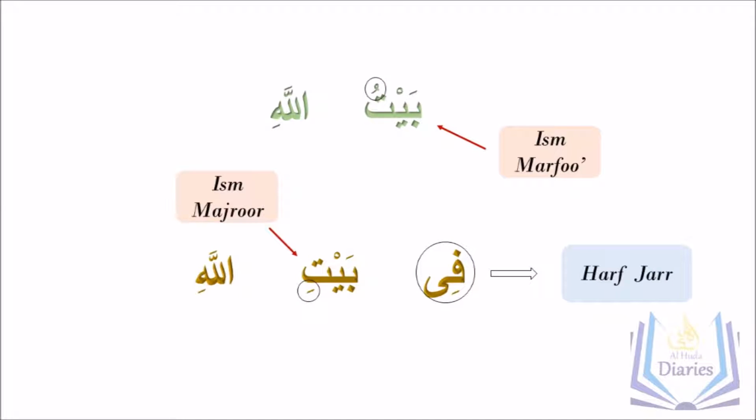For an example, previously we saw this phrase fi baitillahi. So initially it was baitullahi, and because of the presence of the harf jar before it, fi, baitu had transformed into the state of jar and become baitillahi.